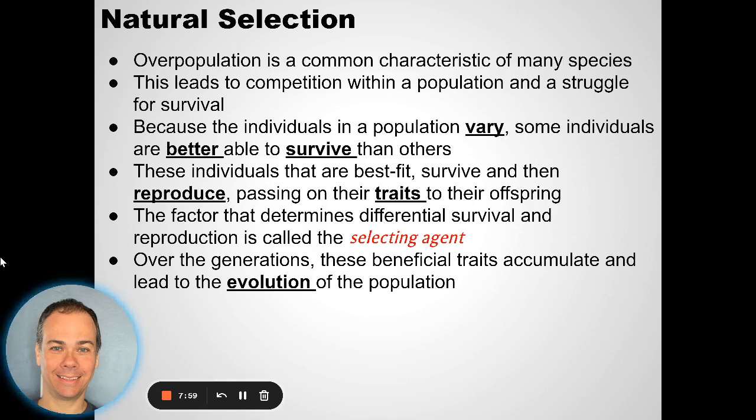Or maybe they're a little bit taller and they can reach a little bit more food than other members of the deer population. And those are the ones that happen to be born with these helpful characteristics, helpful variations, that survive. And if they can survive, that means they can also do what that's important for a species?